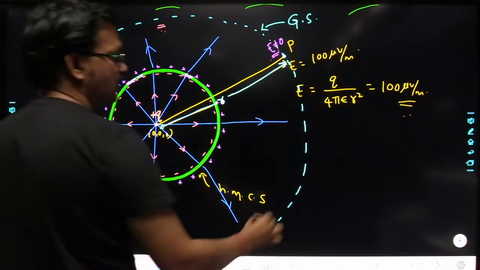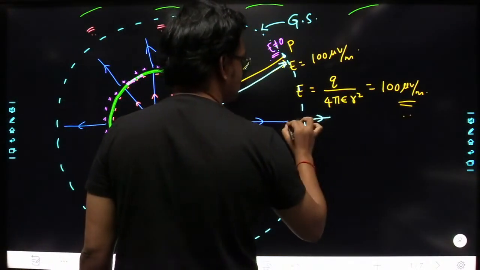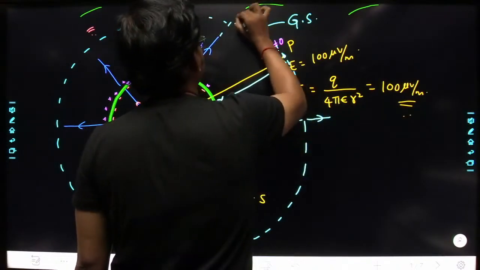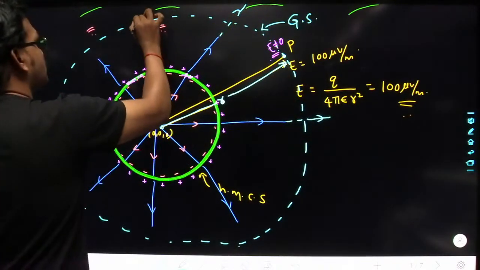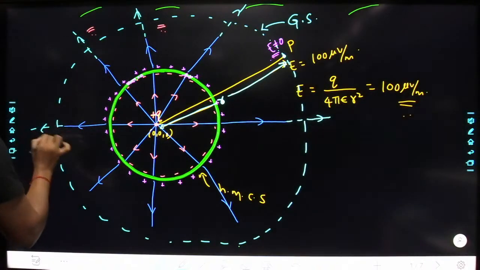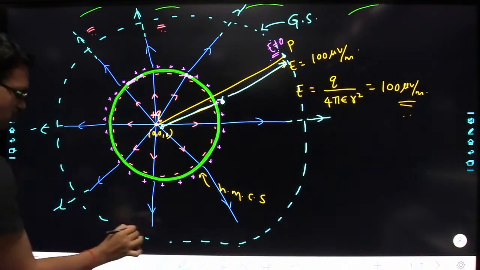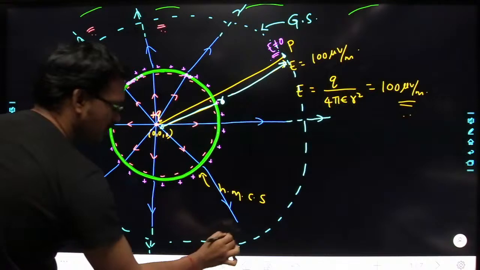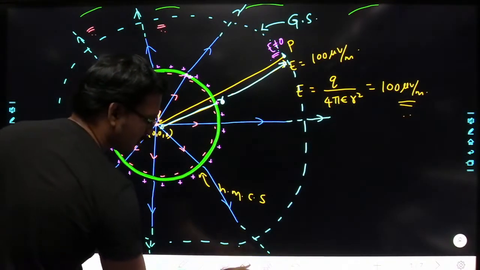Now the electric flux that is leaving this Gaussian sphere must be equal to the charge enclosed by that Gaussian sphere divided by epsilon.